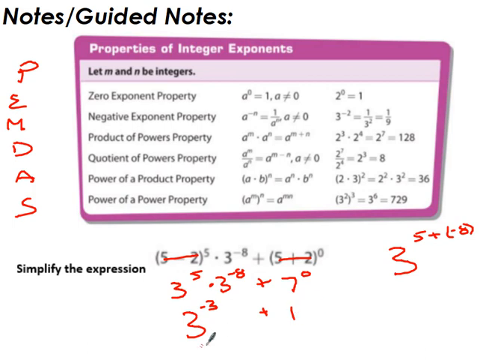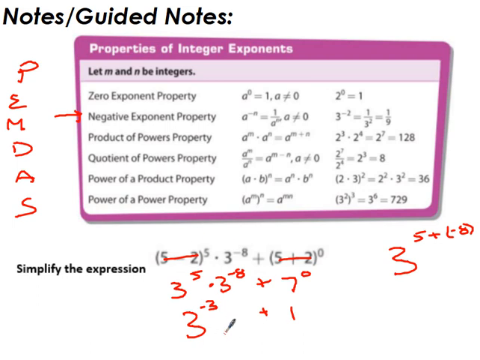Now from here, since this is a relatively simple exponent that I can simplify, we know our perfect cubes. 3 to the 3rd power, well, hold on, I'm sorry. Before I even do that, I realize I have a negative exponent, so I have to use my negative exponent property, where I bring this down to the denominator.